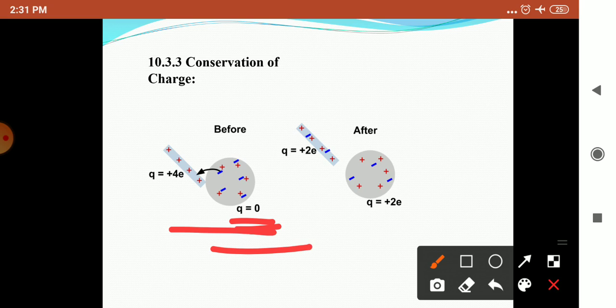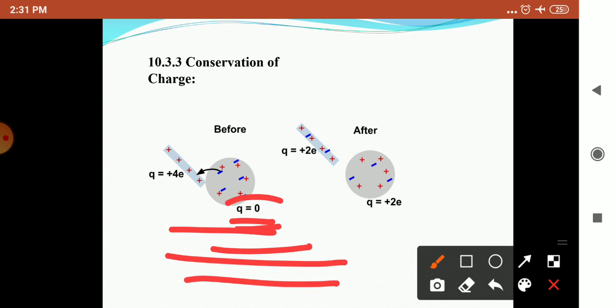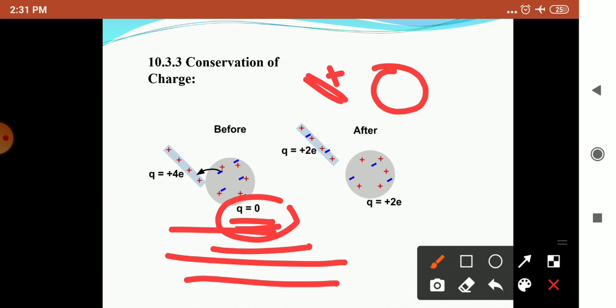In simple words, the total charge of an isolated system is always conserved. Everyone got that? The glass rod which we are considering will give equal charges but opposite to the silk material, so the net effect becomes zero.